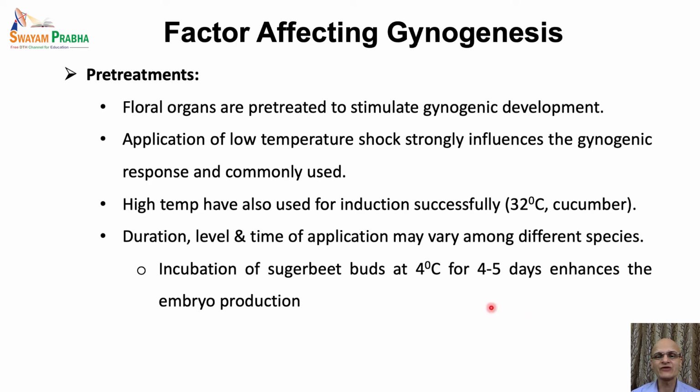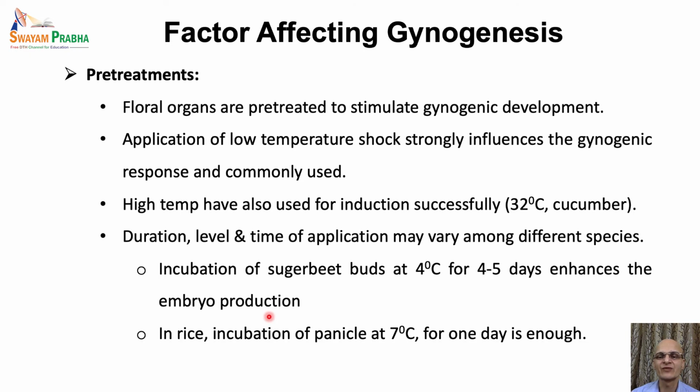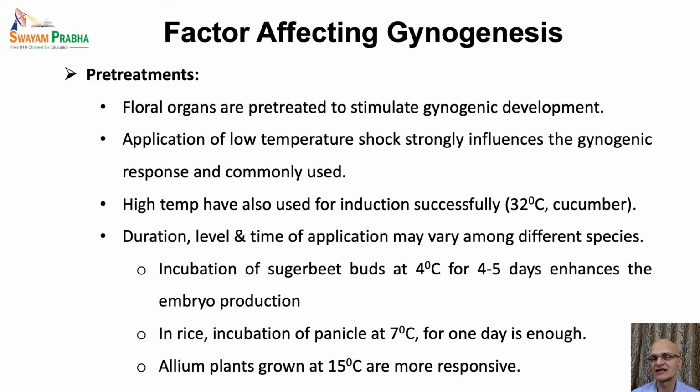Like for sugar beet, incubation of the buds at 4 degrees centigrade is required for about 4 to 5 days to enhance the production of embryos through gynogenesis considerably. Whereas in rice, incubation of the panicle at 7 degrees centigrade for only 1 day is sufficient to induce gynogenesis.